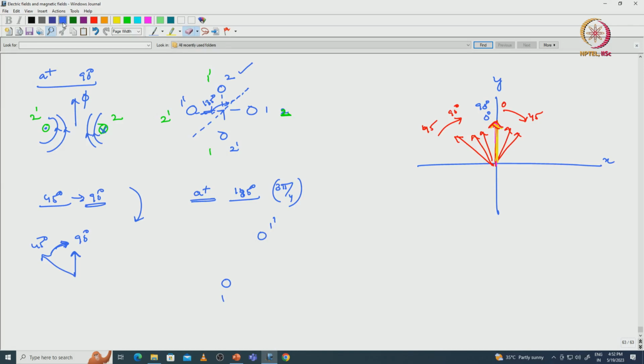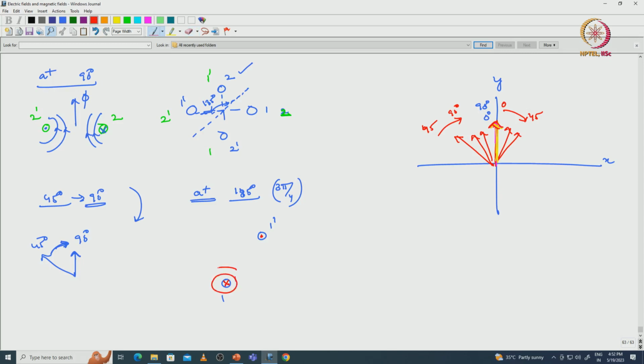Here, if we give the current in the positive manner and do not reverse the current, then here we are seeing a cross, here it is a dot.